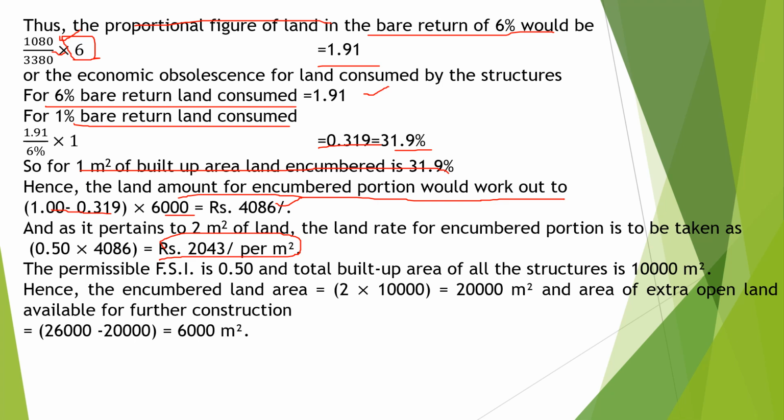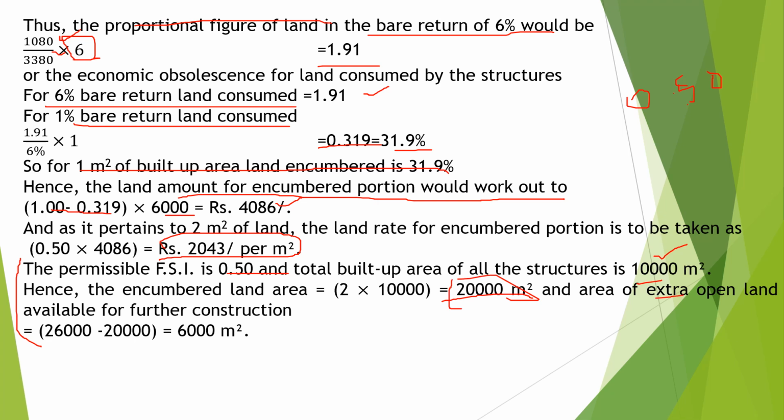The permissible FSI is 0.5, so for 10,000 square meters of building area, you require 20,000 square meters of land.